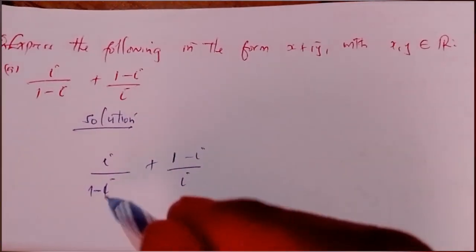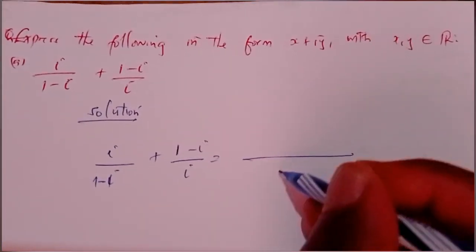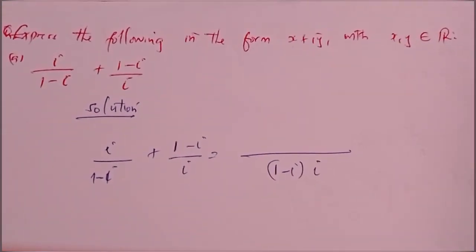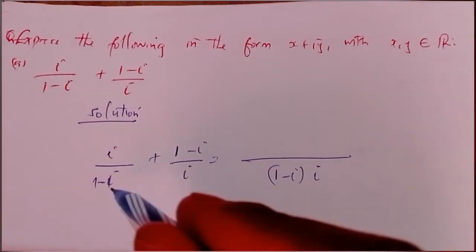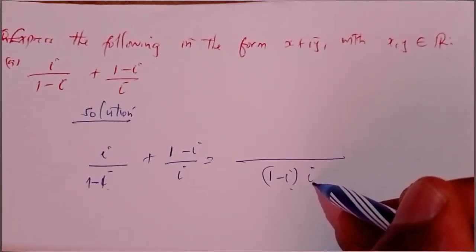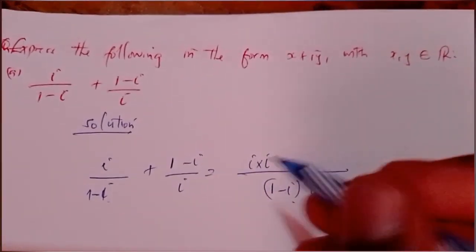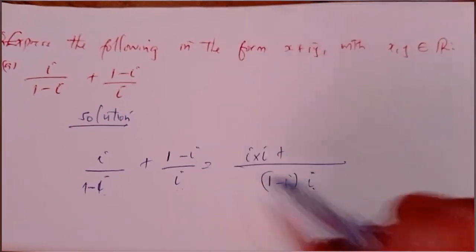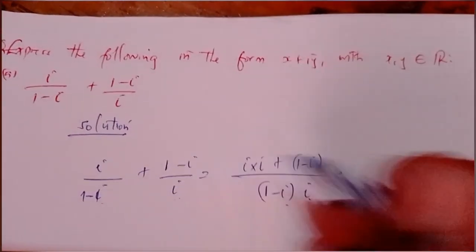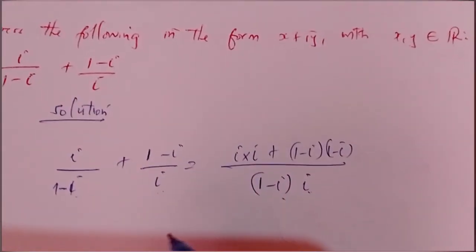The LCM of 1 minus i and i is i times 1 minus i, so that we have i times i, plus 1 minus i times 1 minus i. Are we there? Hope you understand.